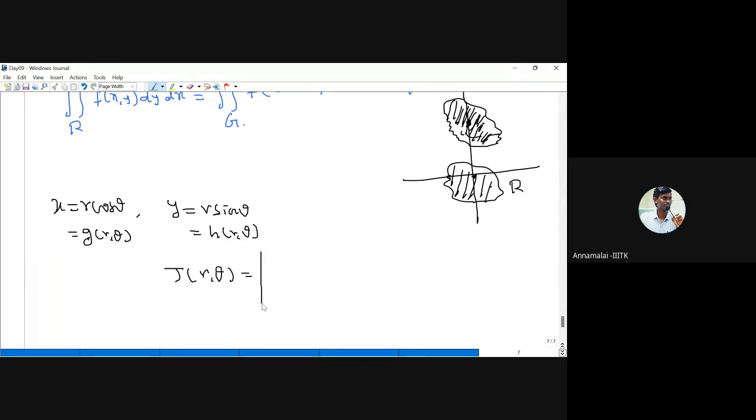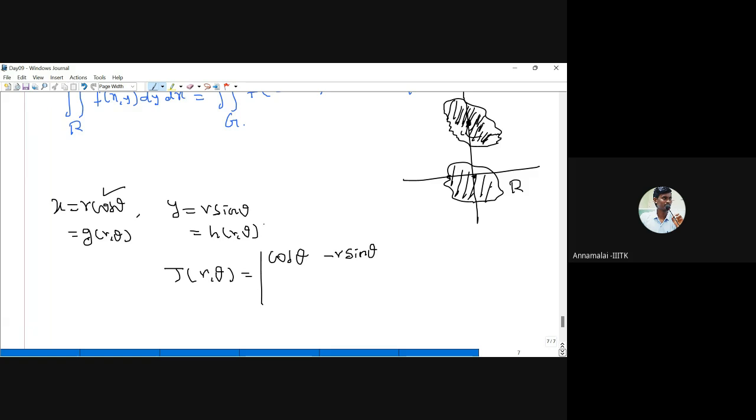It is nothing but, we have to differentiate x with respect to r first, so you keep cos theta constant. Then we differentiate x with respect to theta: minus r, derivative of cos is sin, therefore minus r sin theta.